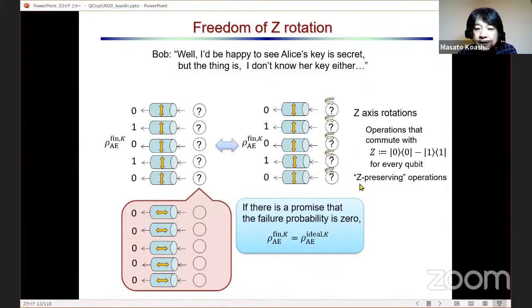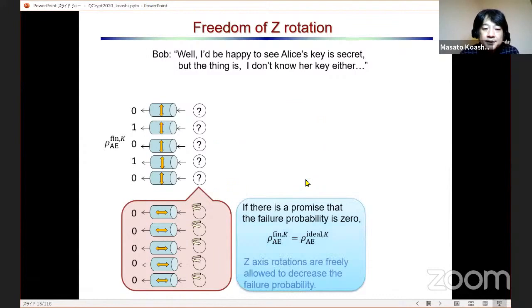Maybe I should say the preserving operations, because this includes not only the rotation, but also some controlled unitary operations from these qubits. Anyway, because the rotation doesn't change this state, we can apply this tiny theorem here, then we obtain this. So, showing the failure probability is 0, we are allowed to do any z-axis rotation before that. So we can freely do this to reduce the failure probability, okay?